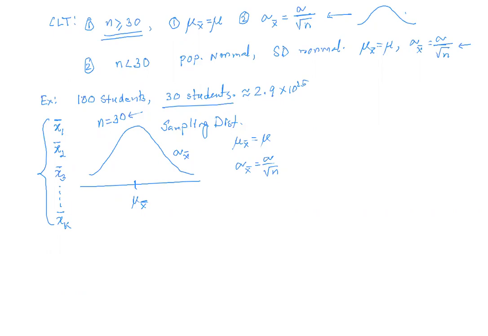The sampling distribution is always going to be bell-shaped, with the sampling distribution mean equal to the population mean, and the sampling distribution standard deviation equal to the population standard deviation divided by the square root of the sample size.